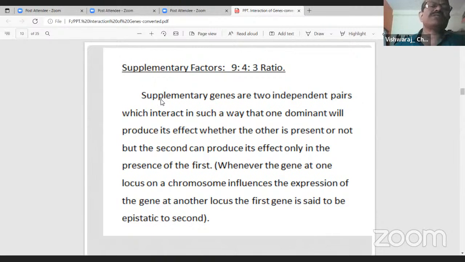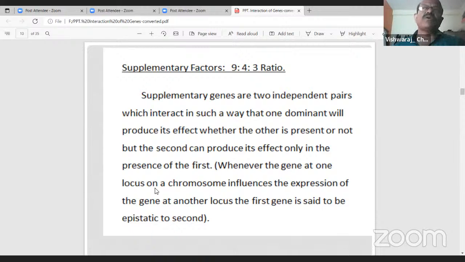We have seen the example of sweet pea. Here, supplementary genes are two independent pairs which interact in such a way that one dominant will produce its effect whether the other is present or not present, but the second can produce its effect only in the presence of the first.